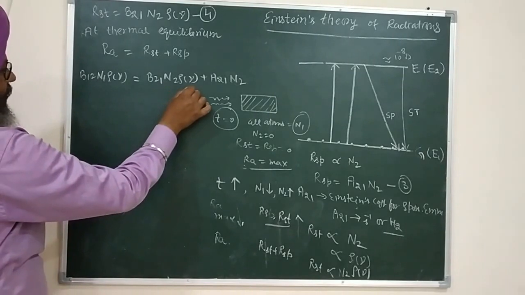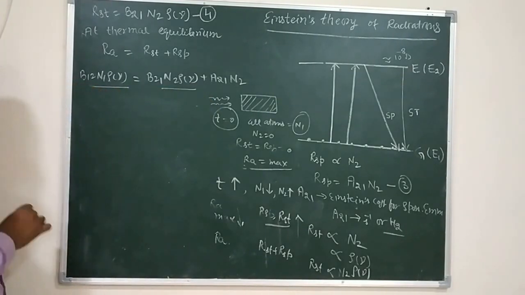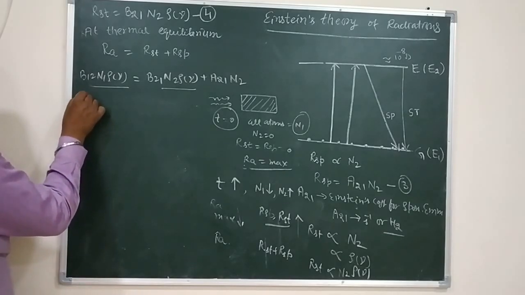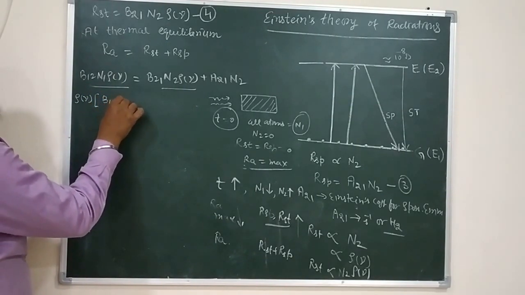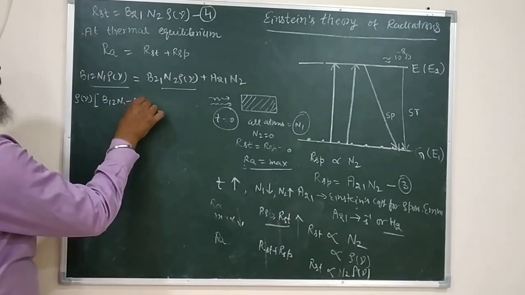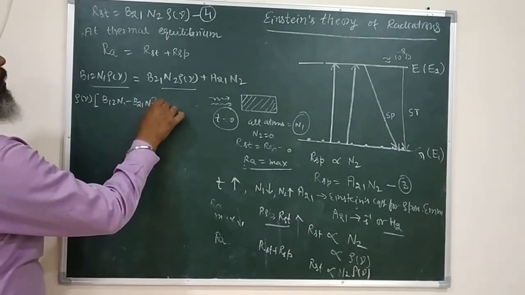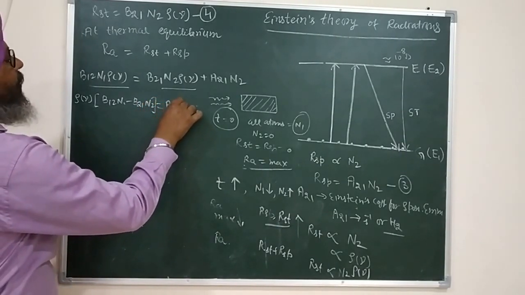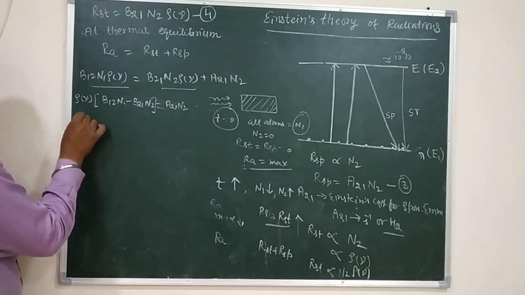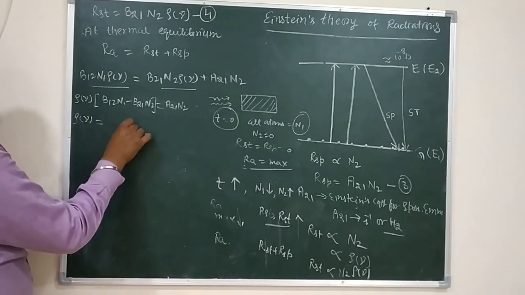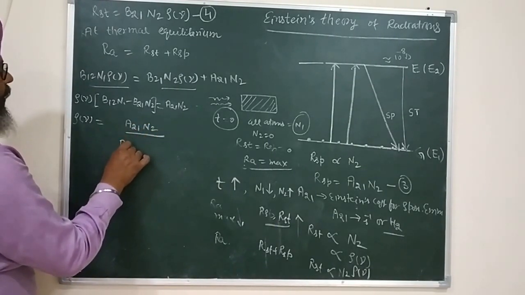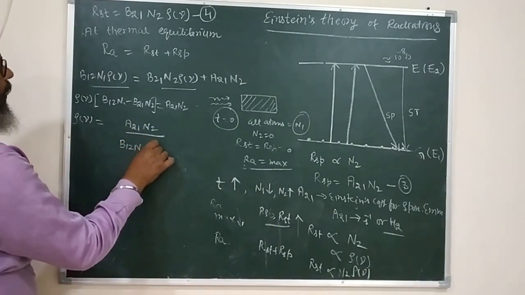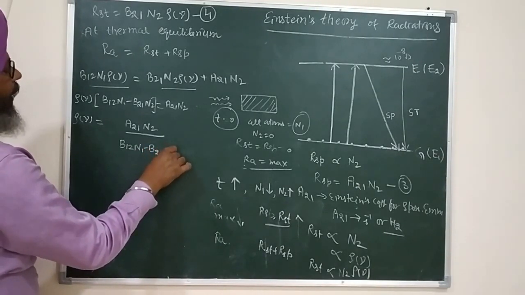Now we can collect these terms on one side, where we take rho nu common from both of these. It will become rho nu times (B12 N1 minus B21 N2) is equal to A21 N2, and rho nu will be equal to A21 N2 upon B12 N1 minus B21 N2.